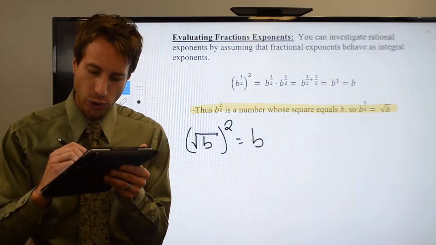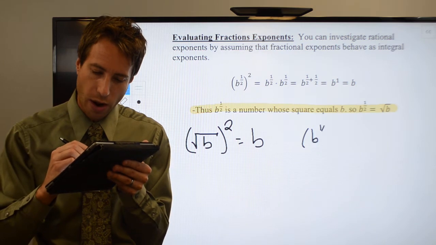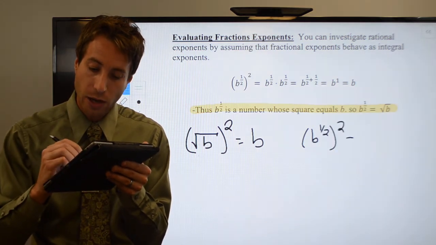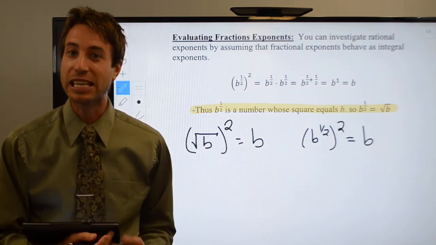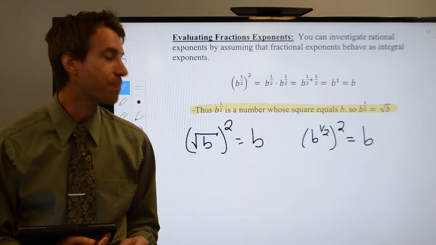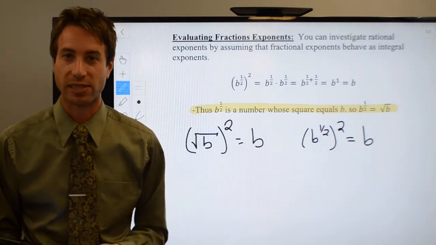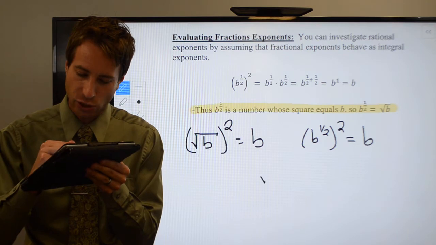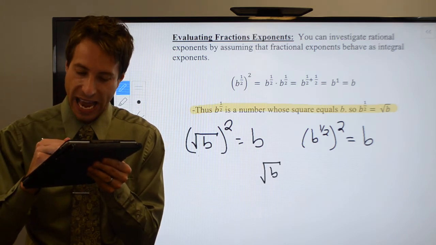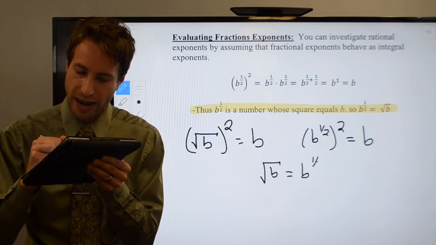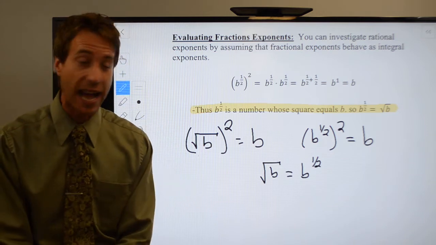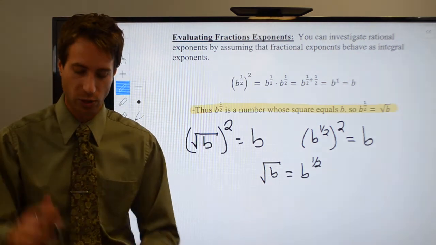But what I just told you is that b to the 1/2 power squared also is equal to b. Essentially, here's what we're saying. What we're saying is that the square root of b and b to the 1/2 power are the exact same thing. That's what we're saying.